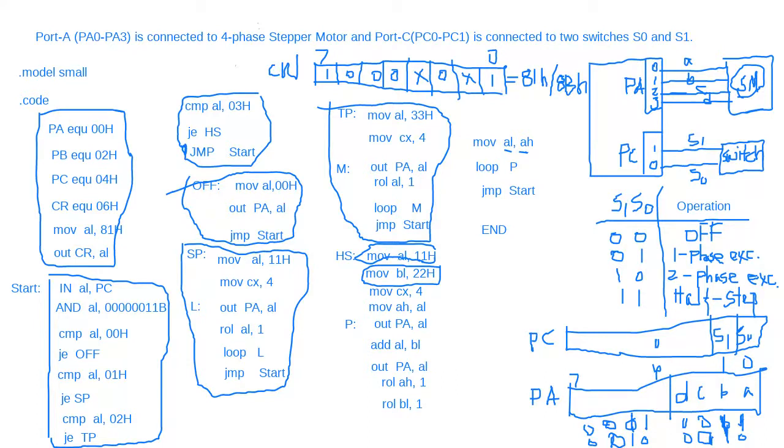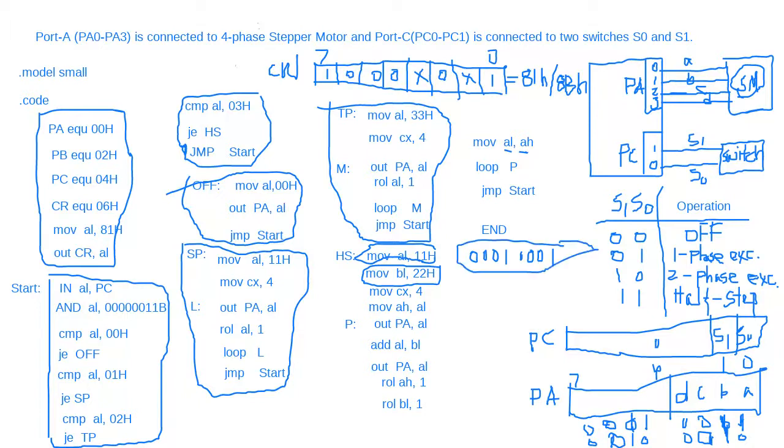So first of all, it will be 0000 0001. So this is 11.